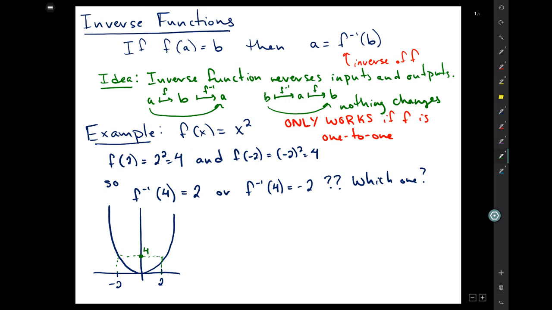And so what's going on here is that my function f doesn't pass the horizontal line test. So we fail the horizontal line test.